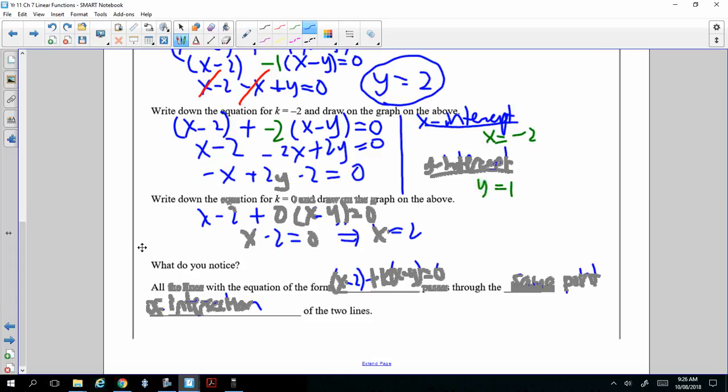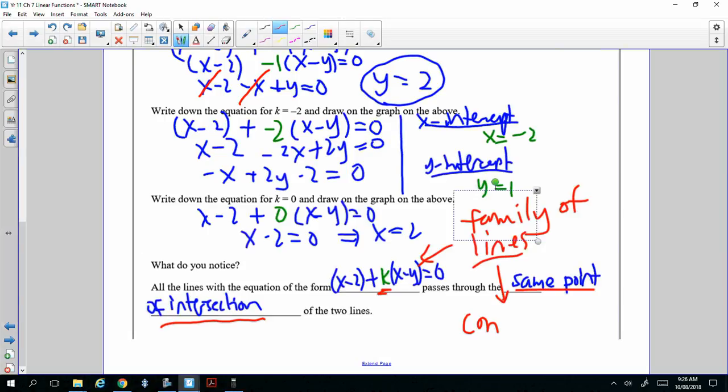We call it a family because it's a set of all the lines, right? Family of lines with the property that they must pass through the same point of intersection. They're all concurrent. Family of lines that are concurrent, if you use the word you just learned, they are concurrent with each other. Okay? And that has a lot of applications, which we'll see later on.